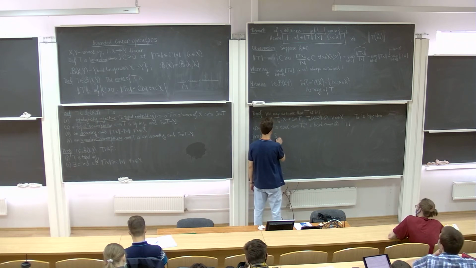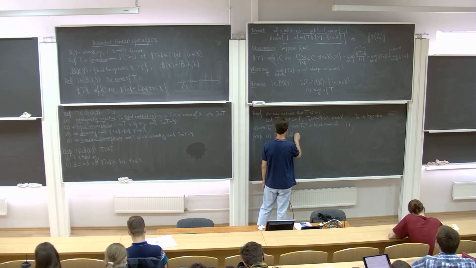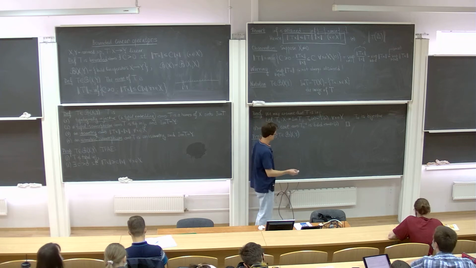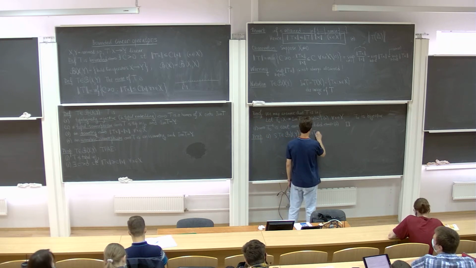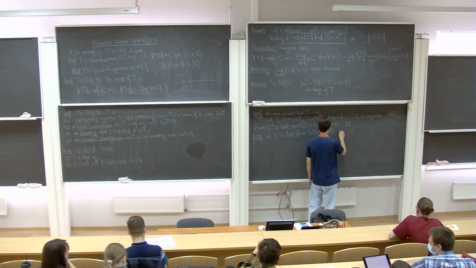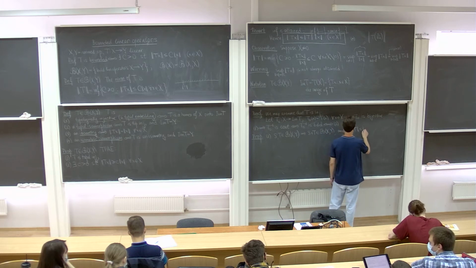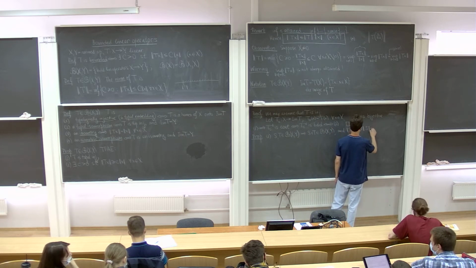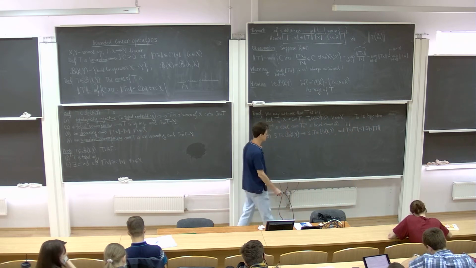If S and T are bounded linear operators from X to Y, where X and Y are normed spaces, then S plus T is also bounded. And the norm of S plus T is less than or equal to the norm of S plus the norm of T. So we have a triangle inequality.